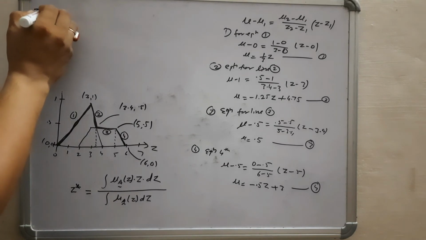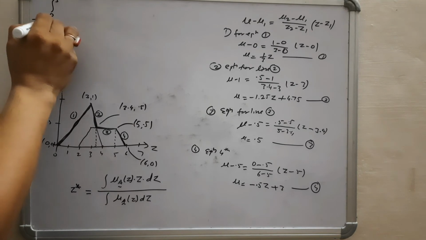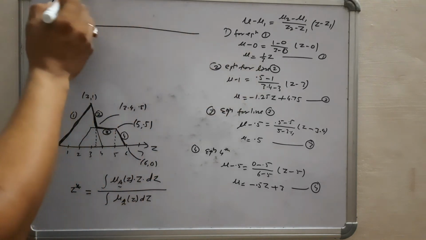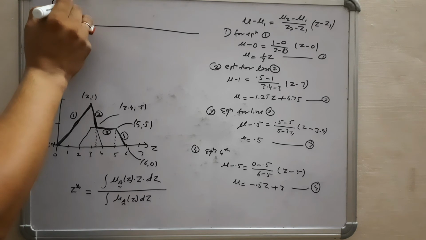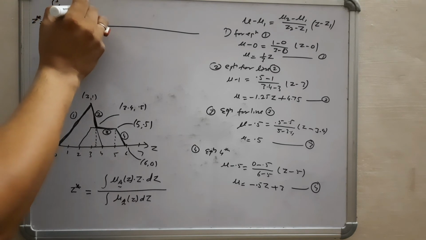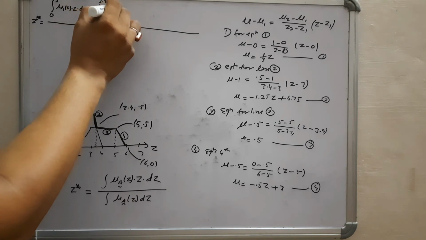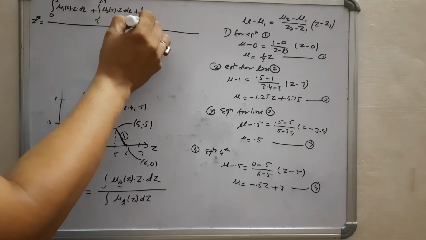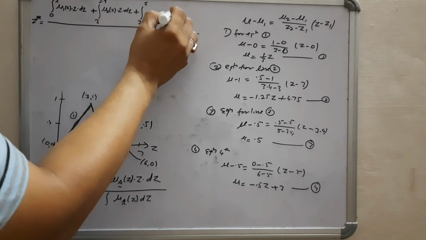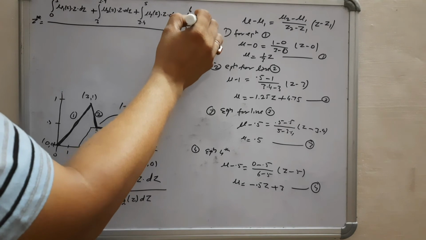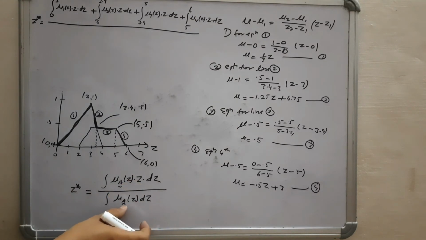So z star equals, 0 to 3, the first line equation is mu1(z) into z dz, plus second is 3 to 3.4, mu2(z) into z dz, plus third one is 3.4 to 5, mu3(z) z dz, plus 5 to 6, mu4(z) into z dz, and in the denominator it is simply mu(z) dz.